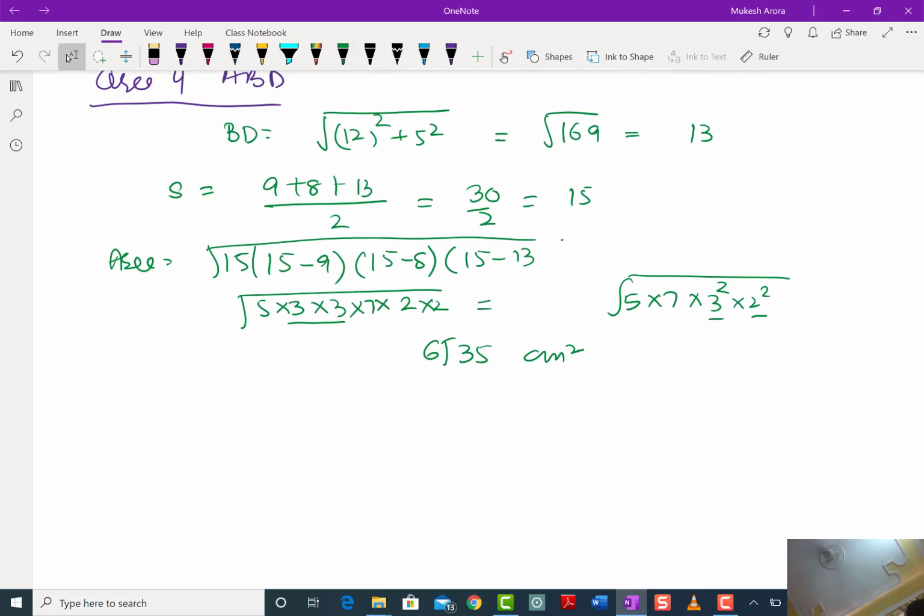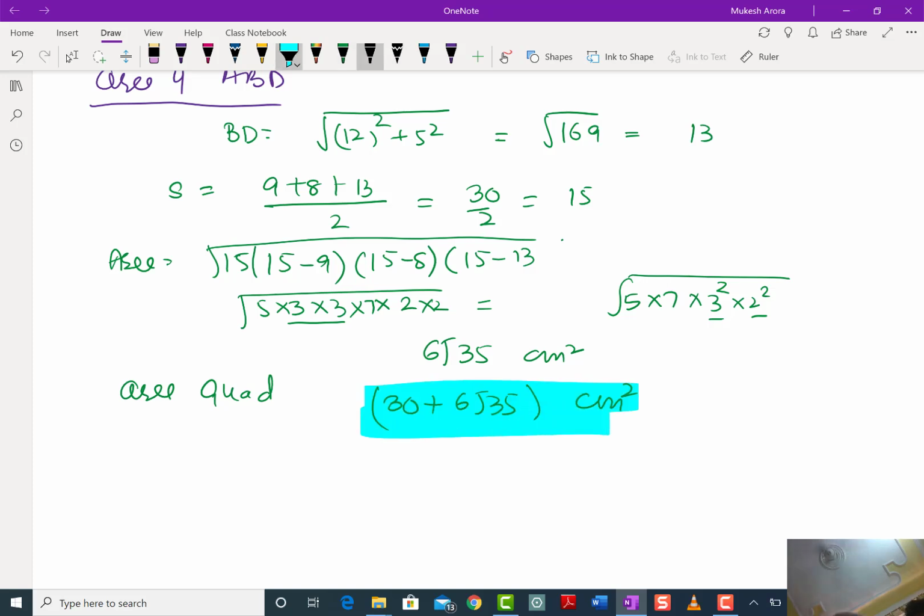So area of quadrilateral will be 30 plus 6 root 35. This is the answer. Nothing wrong in this. This cannot be added. Don't try to add it, because this is irrational, this is rational. Both cannot be added. Or 30 plus 6 into 5.9.